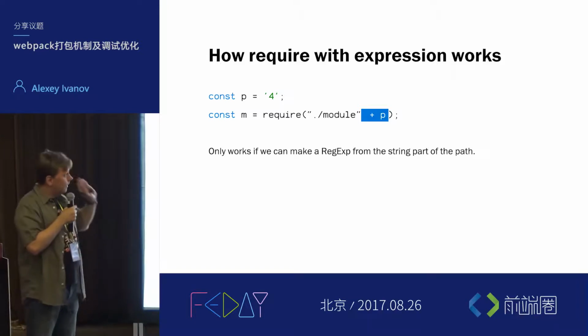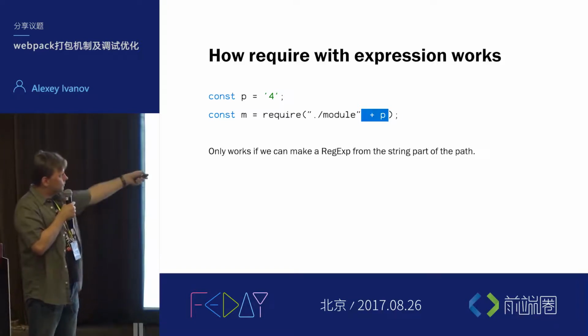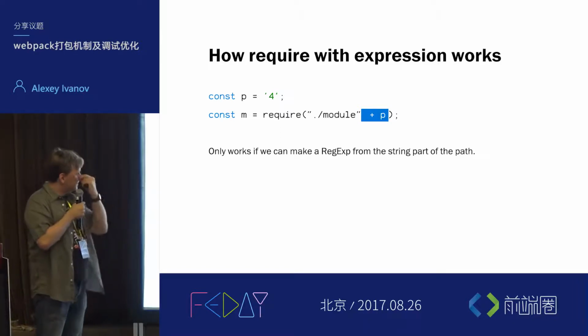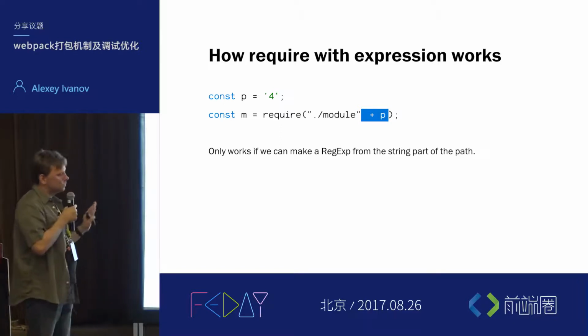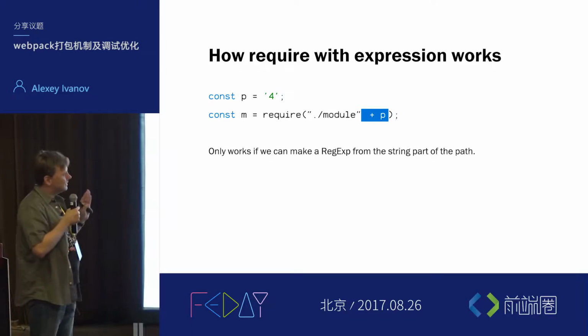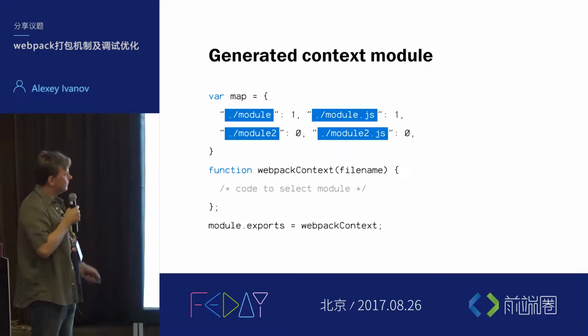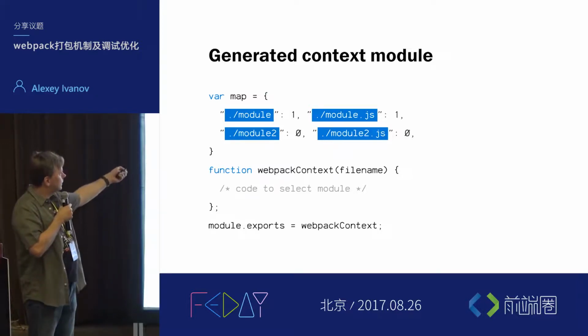So we use this part, we create a regular expression from it, and now we try to match this regular expression to our file system. Then we add all matching files inside our bundle, and we create one more file inside our bundle with the map of all possible file names.